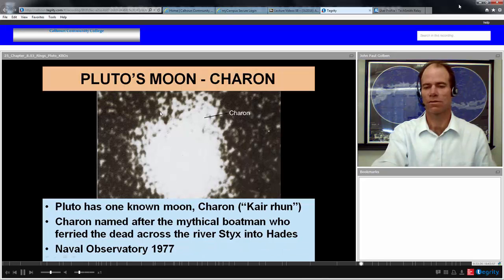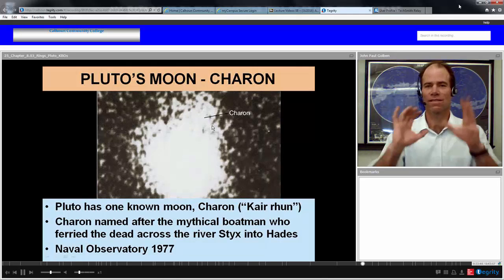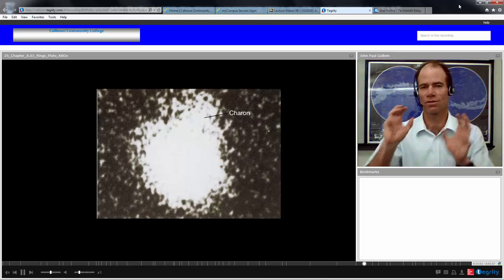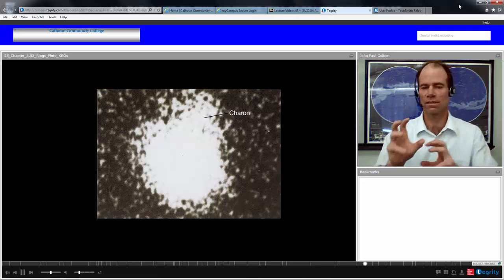If I look at this picture, it'd be hard to recognize that this extra light on this side of the picture is actually another body. But if you were an astronomer who took these kinds of pictures on a regular basis, you would be able to discern that there are indeed 2 bodies there.